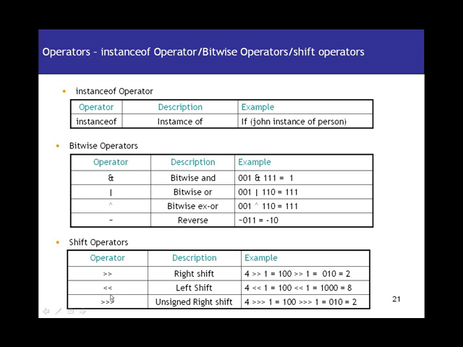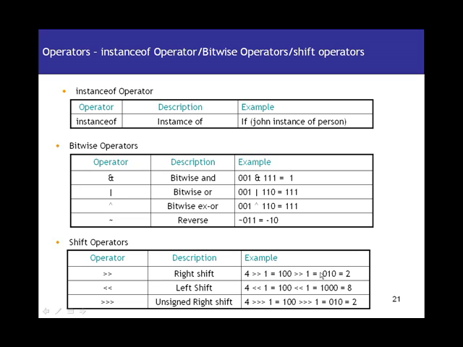Similarly, the left shift operator basically shifts by the number of bits given here to the left. So 4 left shift 1 shifts the bits left, so 100 becomes 1000. That's nothing but 8.